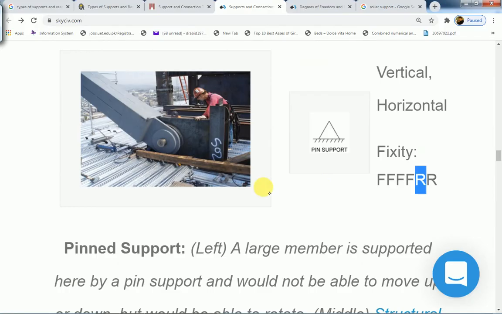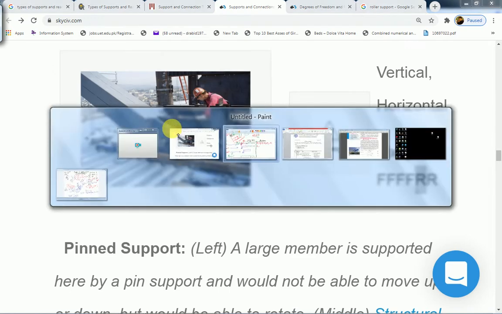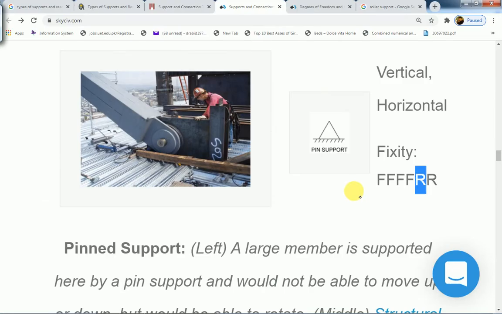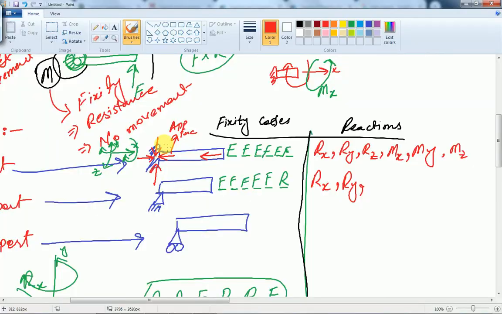Similarly, if there is any vertical force on this pin, then the pin will surely react, and there will be reaction in y direction. Similarly, this body also cannot translate along z axis, so this pin will resist, and we can write Rz will also be there.